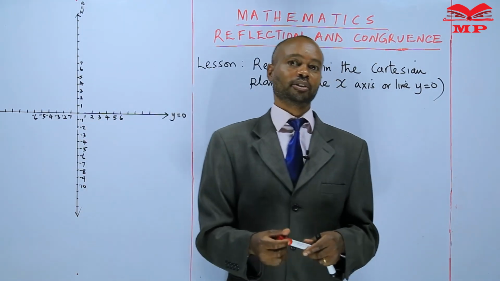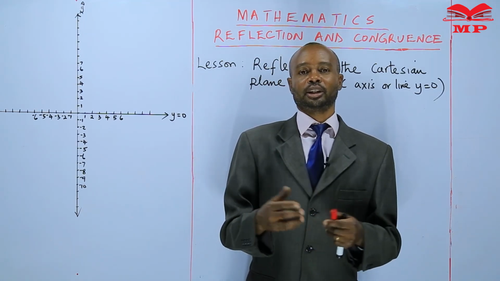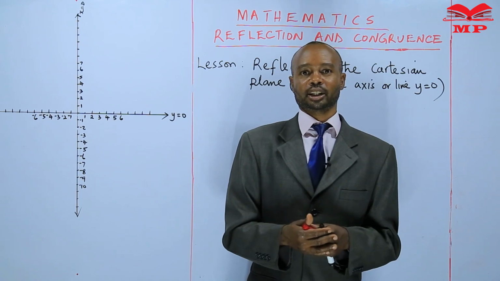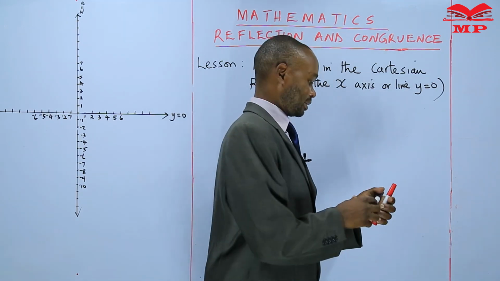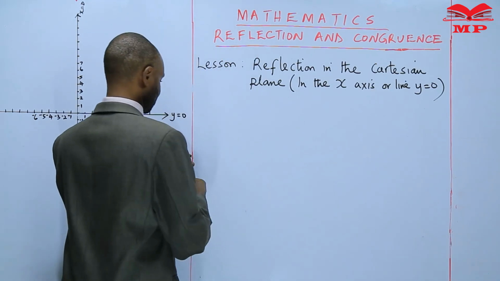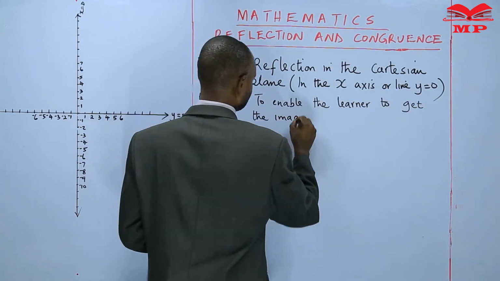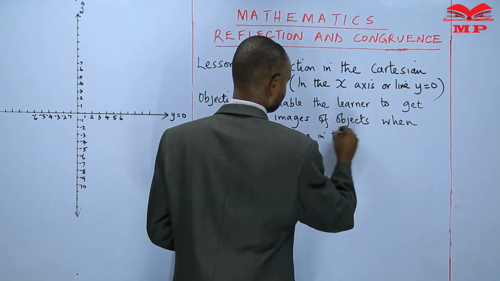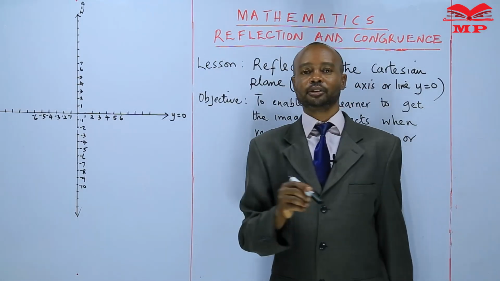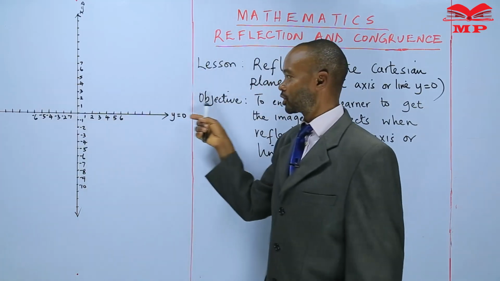The objective of this lesson is to enable the learner to get images of objects on the Cartesian plane when using the x-axis. So as already said, the line y is equal to 0 is the same as the x-axis, horizontal.